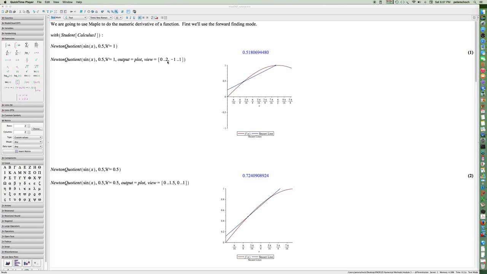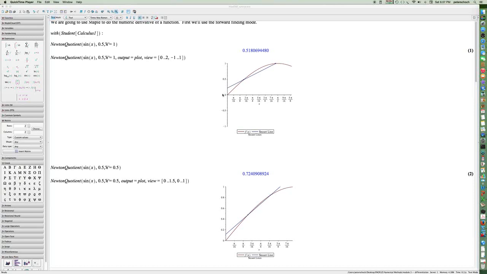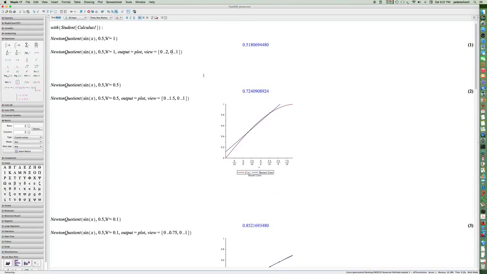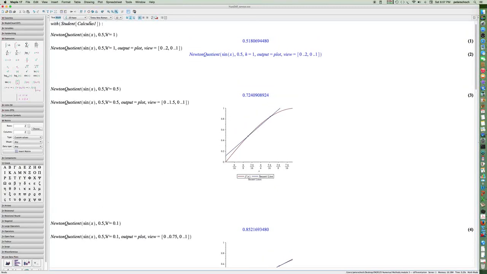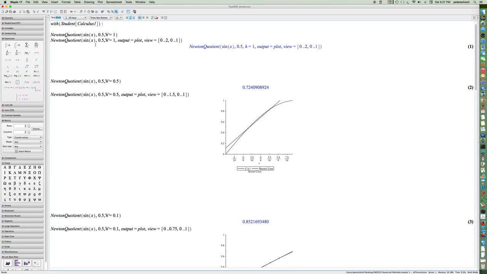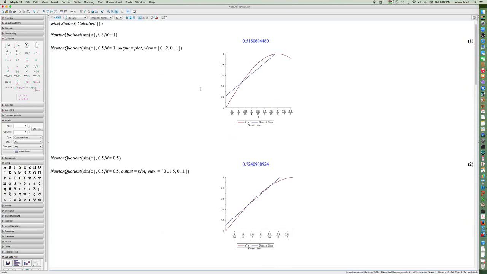This gives you your x range that you want to view. This is your y range. I could have gone from 0 to 1. Wouldn't have been any loss. As a matter of fact, let me change that because I can do that dynamically. And it will go ahead and recalculate for me.